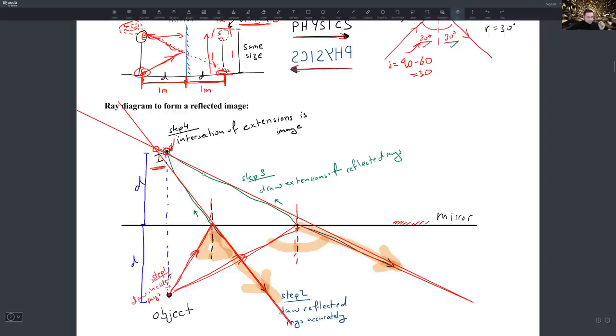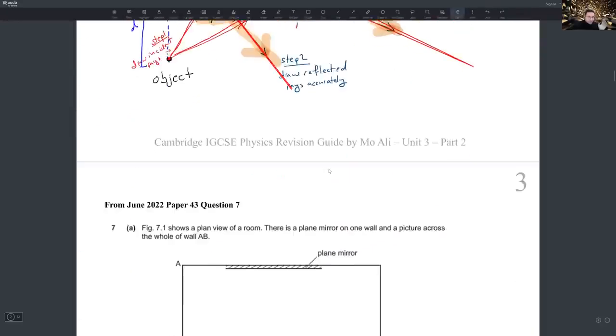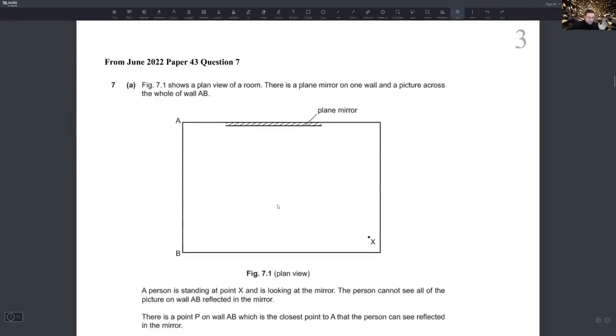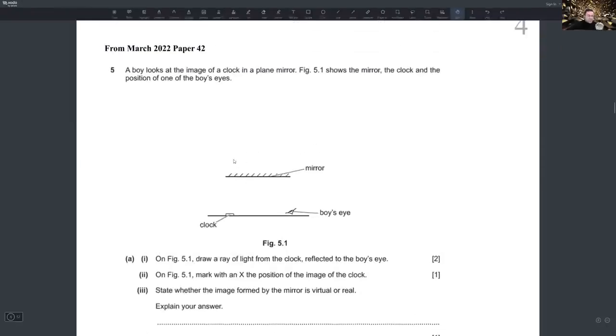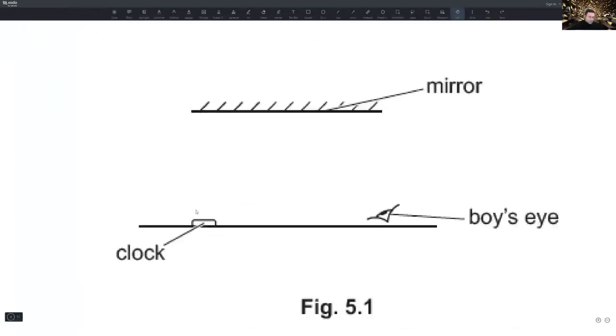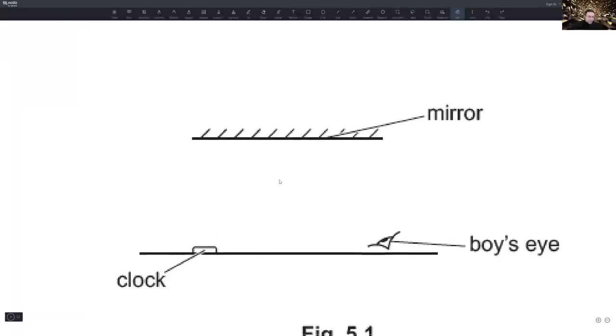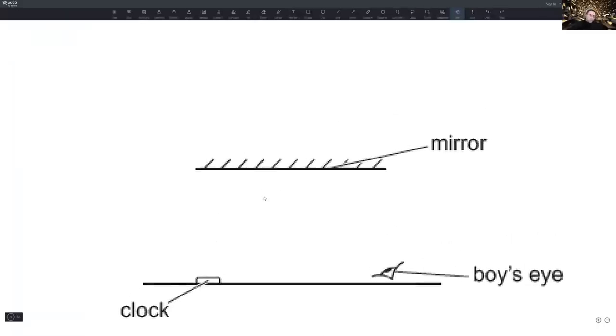Very good. Okay, cool. Look, if you didn't get it, you'll see how we apply this, not in the first question, in the second question, because we want to see where the image will appear. But let me spoil something really quick, Zahra. If this is the object that's emitting light, and here's the mirror, where is the image going to appear? Like without drawing the light rays, where is the image going to appear?